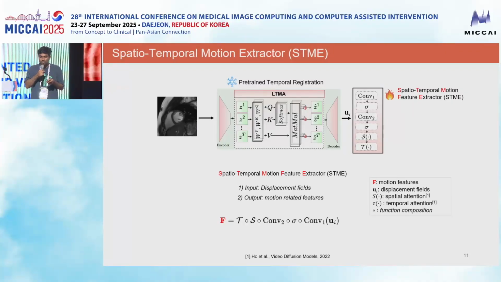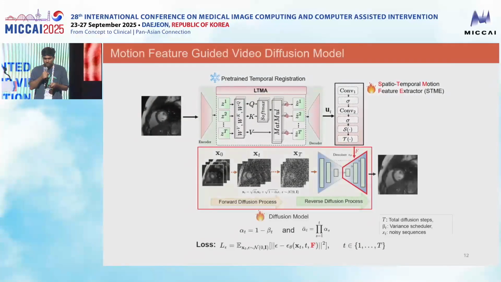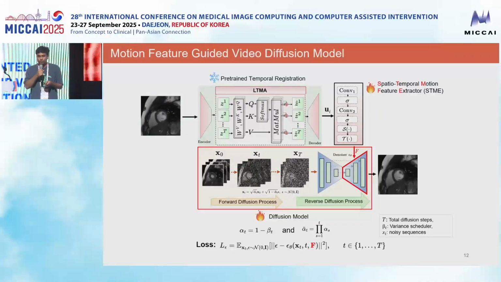This spatio-temporal motion extractor first has a 3D convolution layer, followed by spatial and temporal attention heads. And then we use these motion features as a condition to guide the diffusion process to synthesize high-quality cine-like texture information.